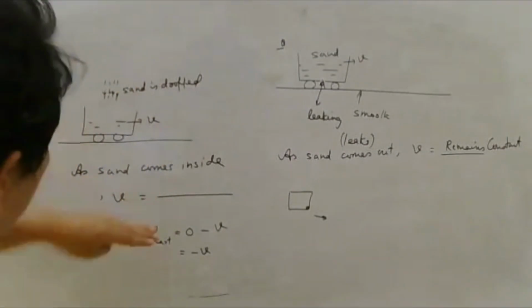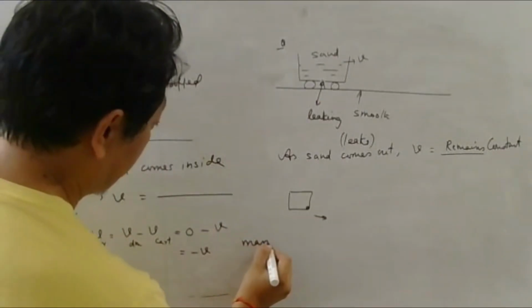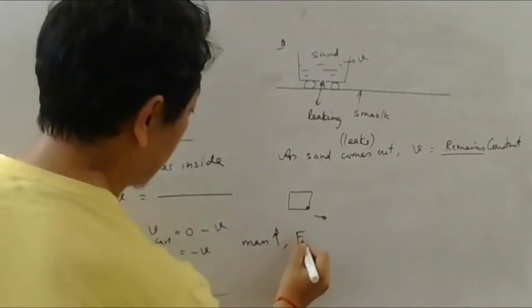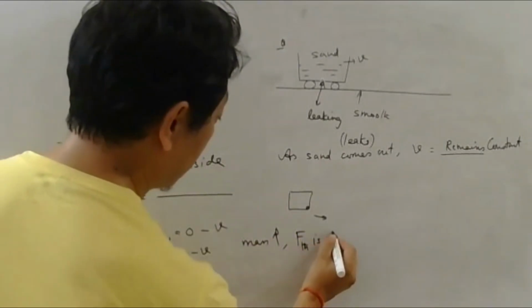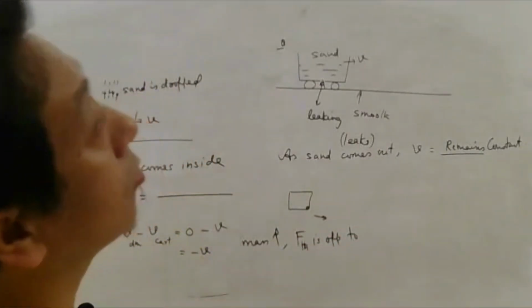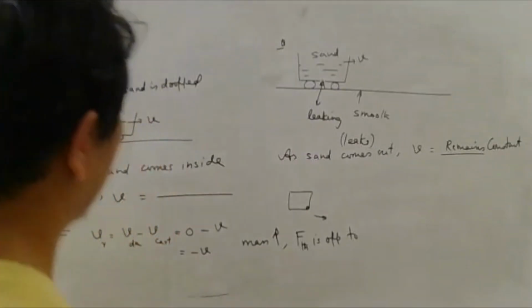Now, since you are gaining mass, is mass gained or lost here? Mass is gained. When you gain mass, where is the thrust? Sorry, check once. In a rocket, you lose mass, so thrust force is opposite to relative velocity.